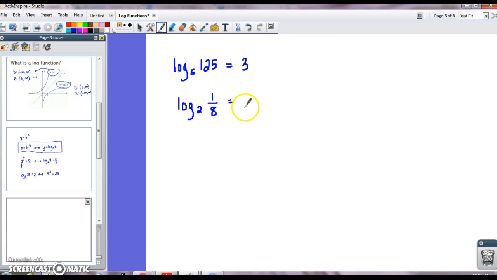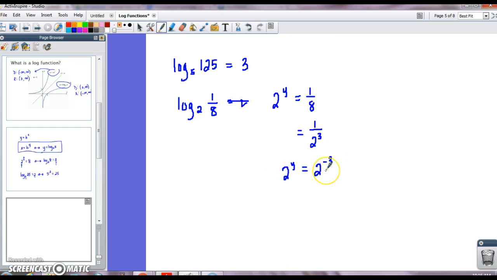I can rewrite 1/8 as 1 over 2 to the third, which is the same as saying 2 to the negative third, right?